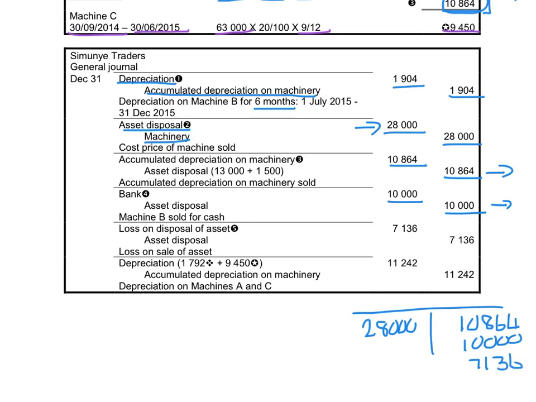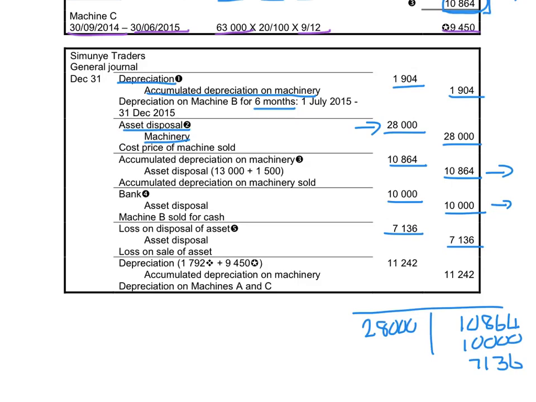So the asset disposal account must be credited. Loss is an expense. Expenses always increase on the debit side with 7,136. And now we've completed all 5 our transactions.